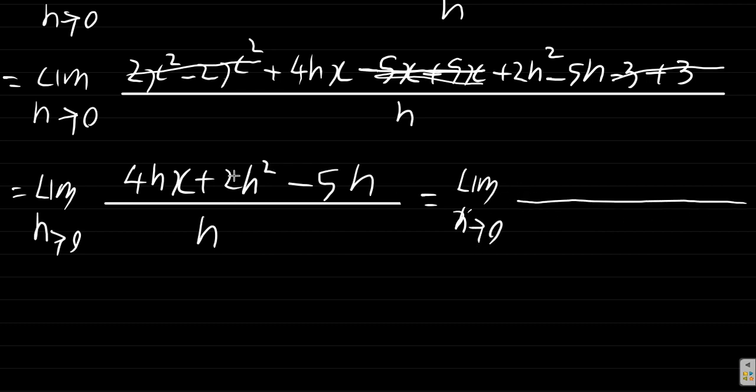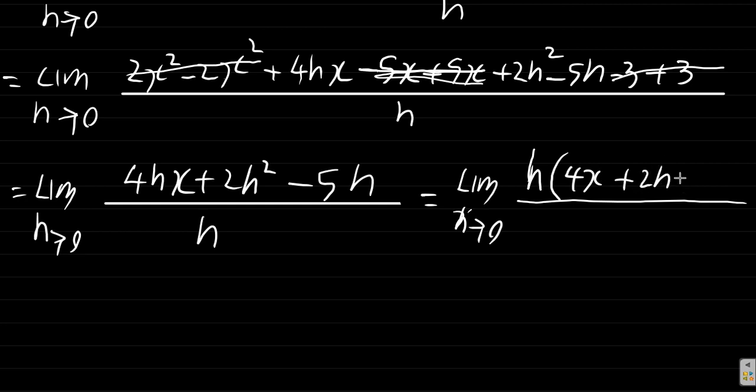What happened here now? Let's factorize. We put h outside the bracket. We have 4x, then plus, when you factorize 2h squared, you have 2h.